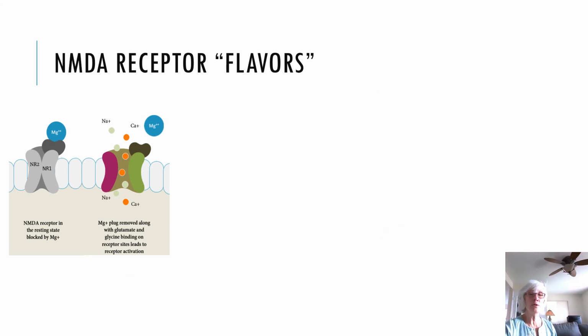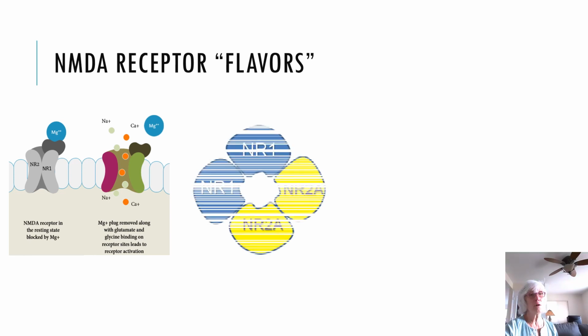I also want to point out that not all NMDA receptors are created equally. NMDA receptors, these ionotropic receptors, are always comprised of 4 different subunits that span the plasma membrane, the cell's membrane.